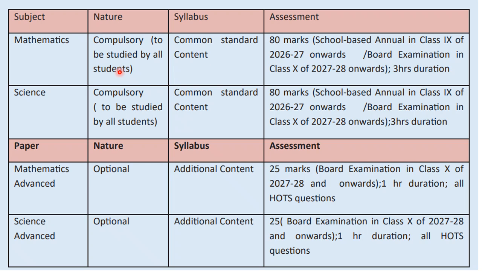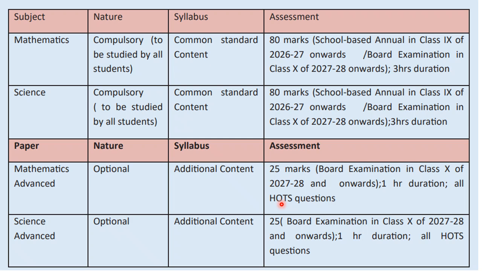See, compulsory, common standard content. The 80 marks question paper is based on this common standard content. Now, those who wish to try their level, they can opt, optional. They can opt for 25 marks. These extra questions will be given to you. 1 hour duration. See, all hot questions, 25 marks.